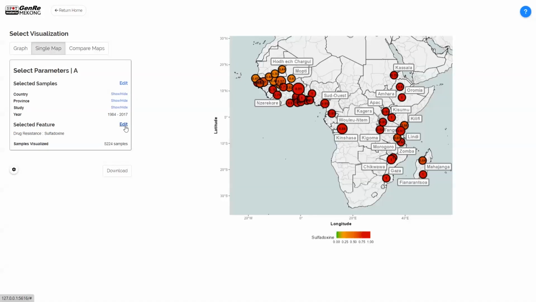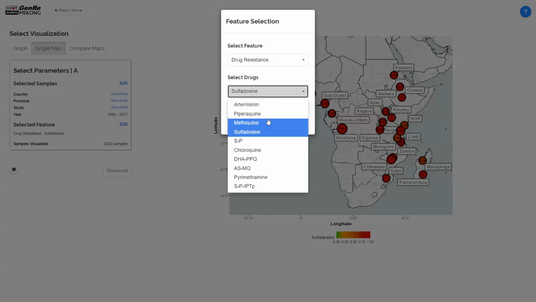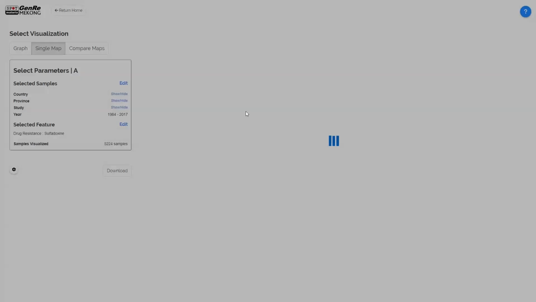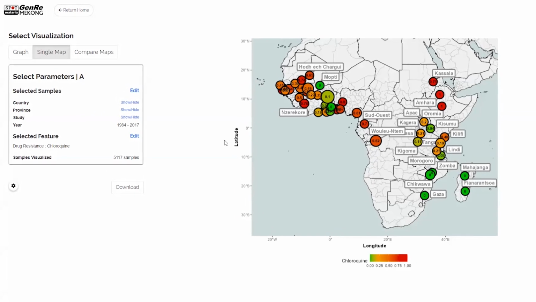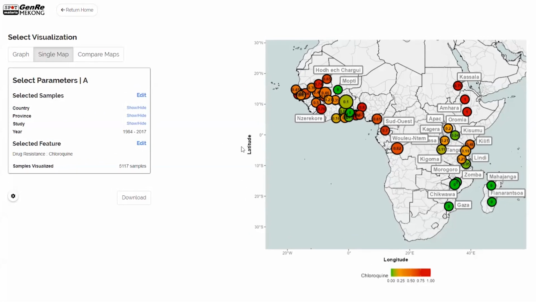And let's look at, say, chloroquine resistance. Okay. All right. So here we can see the prevalence of chloroquine resistance all over the sites in Africa. So I would like to note a couple things here.